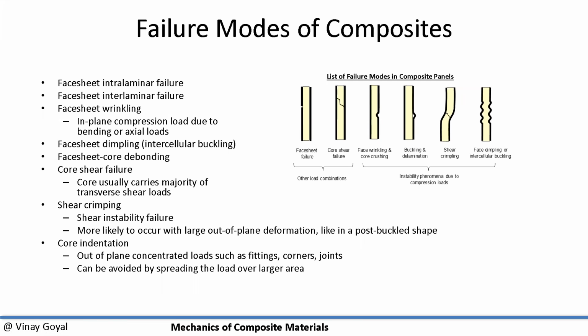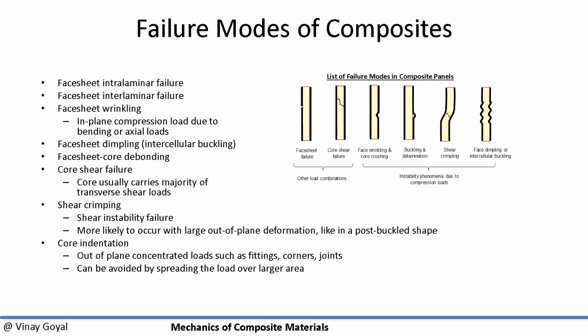And then we have face sheet dimpling. And then intercellular buckling. Okay, so intercellular buckling means, for example, take a honeycomb structure. A honeycomb structure is going to have a face sheet that's unsupported between the empty cells.